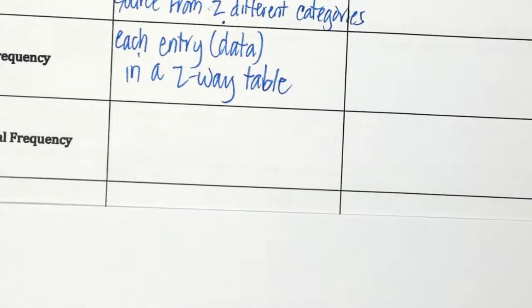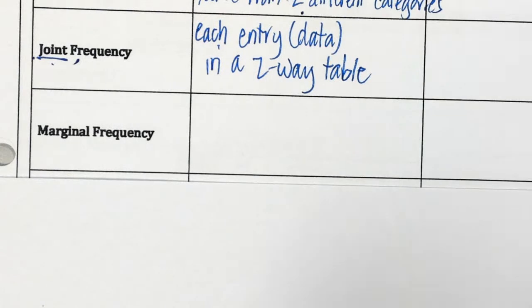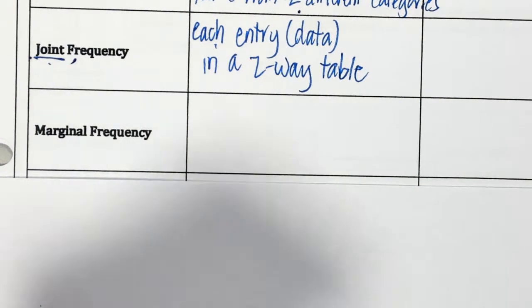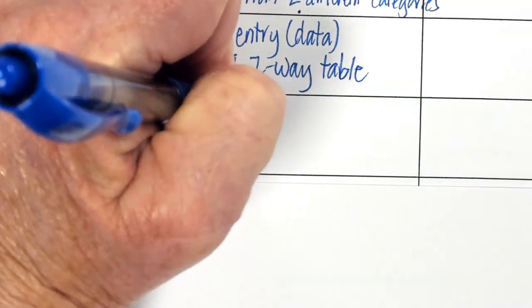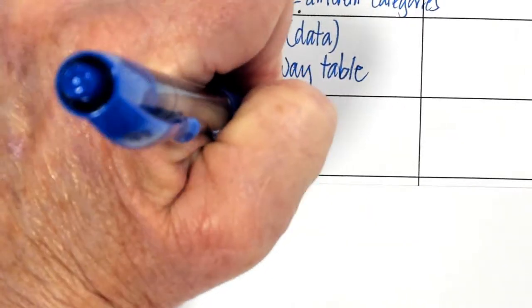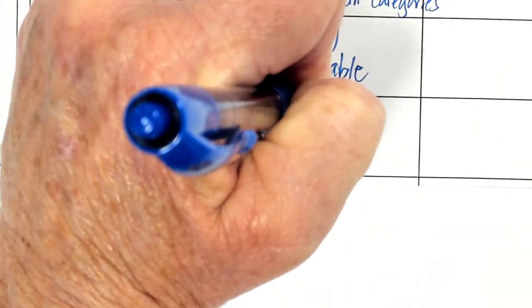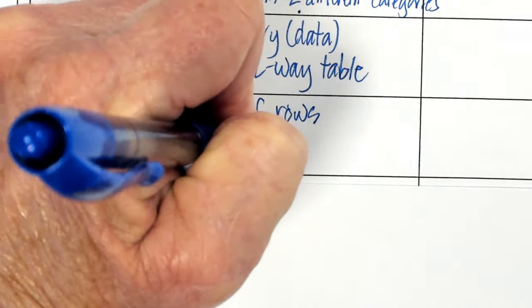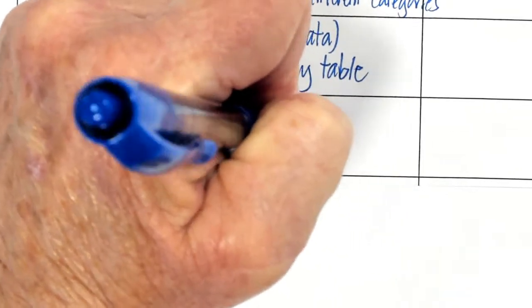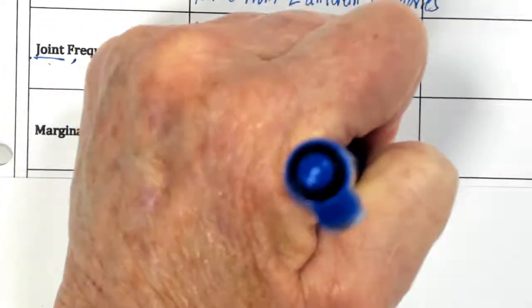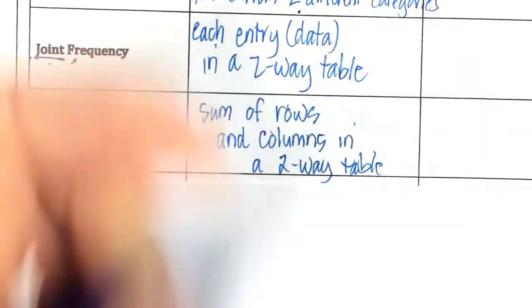Now the last word that I want to cover is marginal frequency, and that's basically the sum of the rows and columns in a two-way table. In other words, they are my totals.